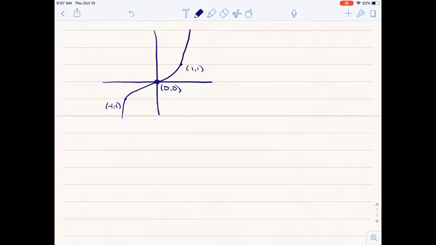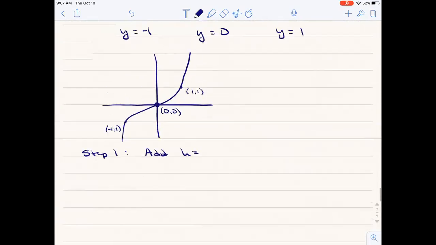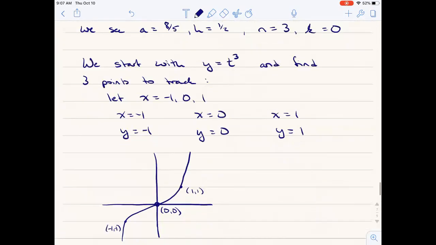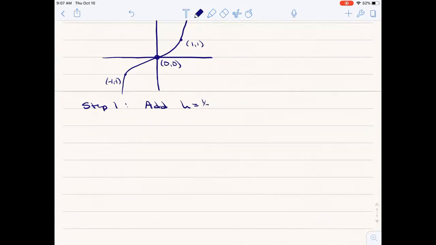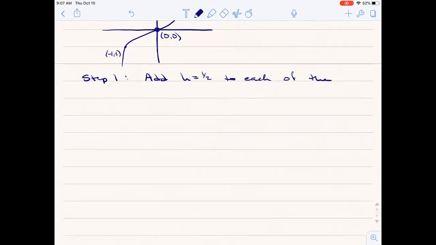So step 1, we have to add h equals 1/2 to each of the x coordinates.